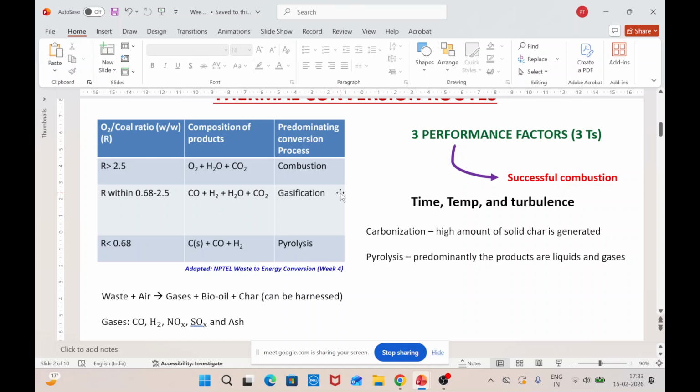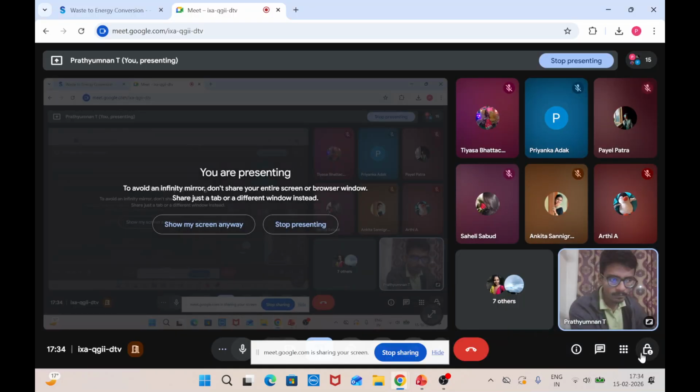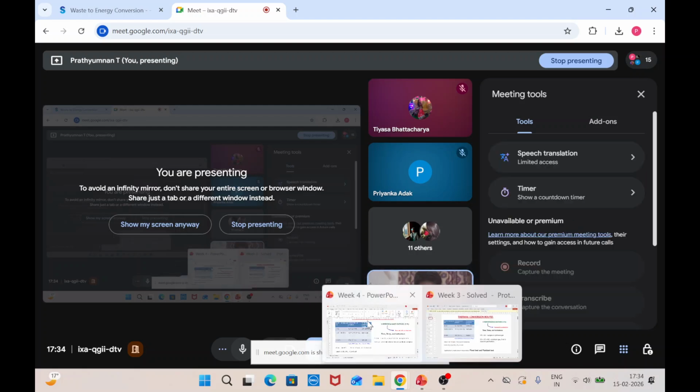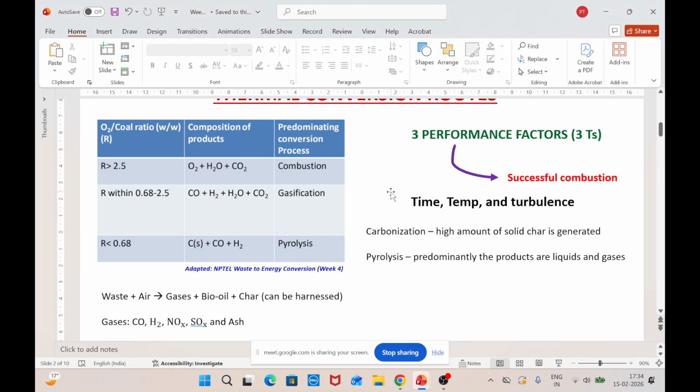Yes, anyone? What are the disadvantages of using bio oil? So one thing that I can give is bio oil has high oxygen content in it, because depending upon the type of feedstocks that they are using, the oxygen content will be variable.